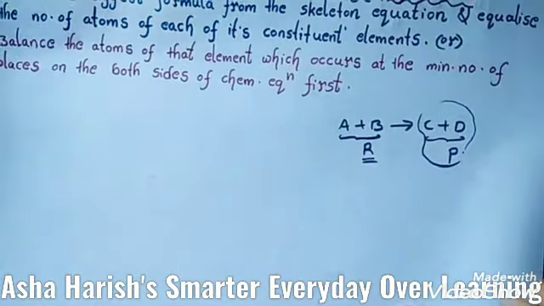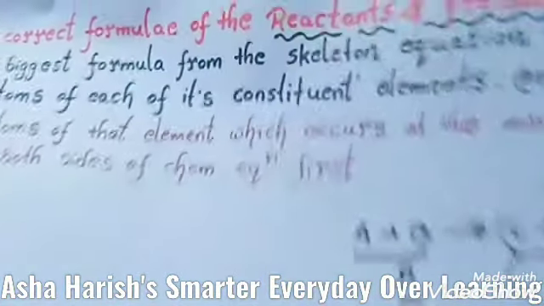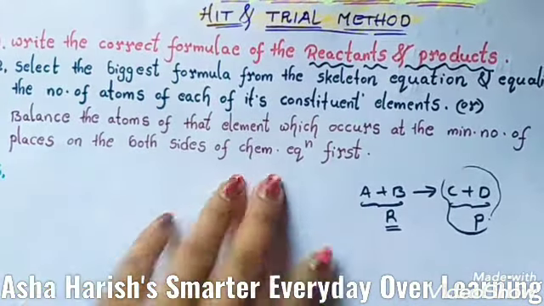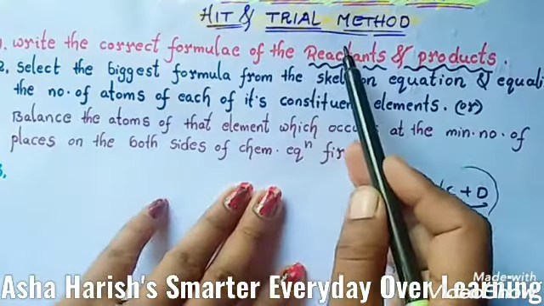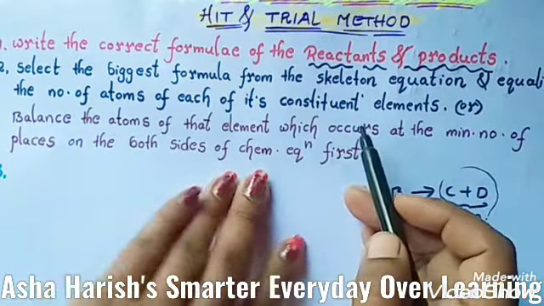And coming to the hit and trial method, the first point is you have to write the correct chemical formulae of the reactants and the products. Actually, this hit and trial method is the simplest method of balancing a chemical equation.